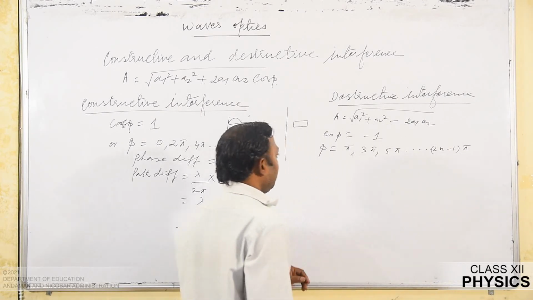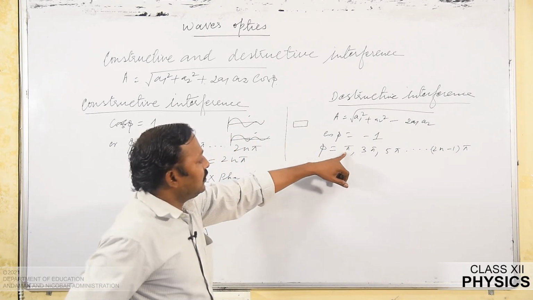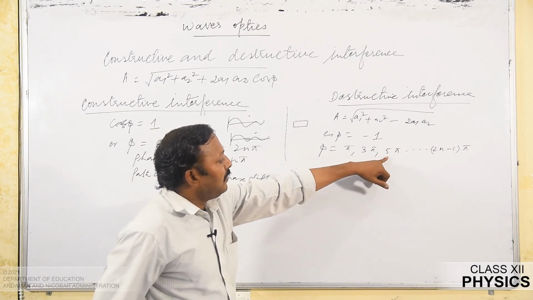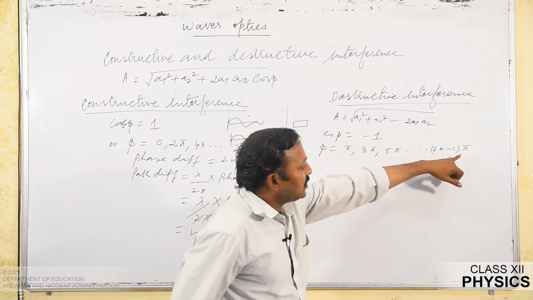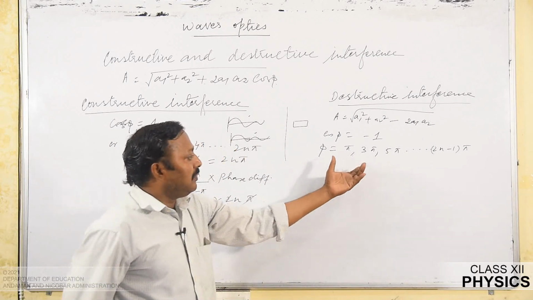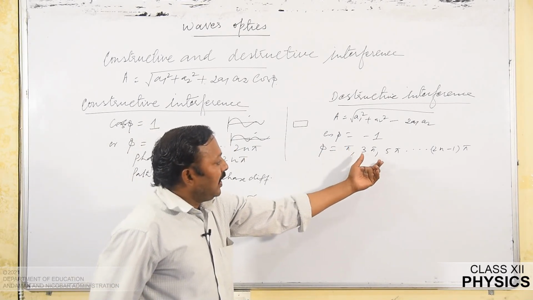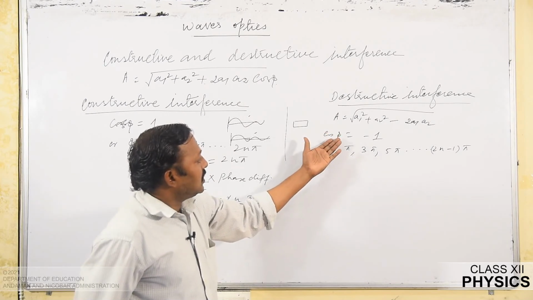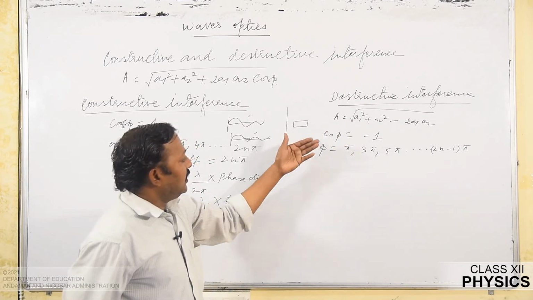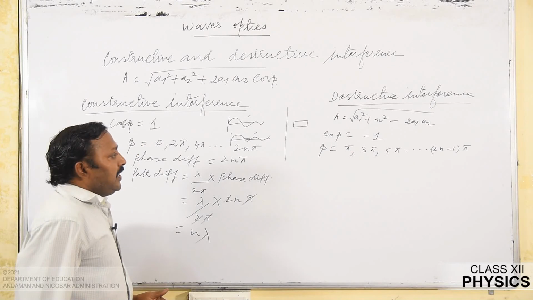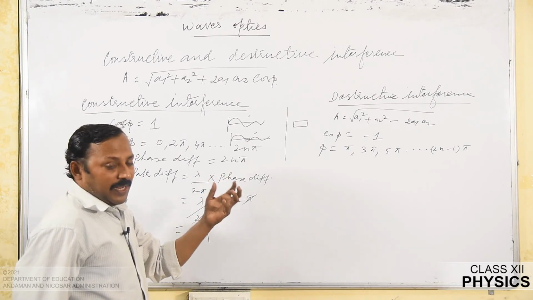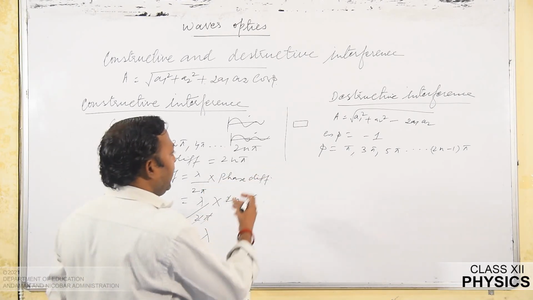So for the case of a phase difference equal to pi, 3 pi, 5 pi, dot dot dot, (2n minus 1) pi, or odd integral multiples of pi, you will get cos phi equal to minus 1 and the intensity will be minimum and you will get a dark fringe or the minimum intensity fringe.